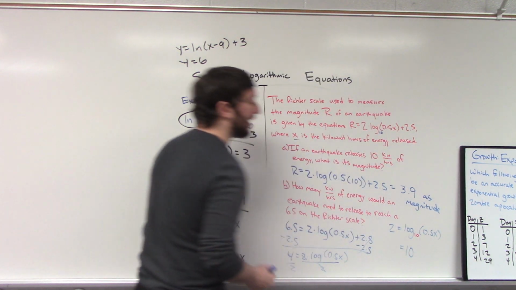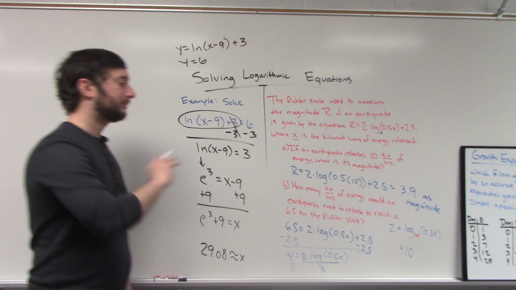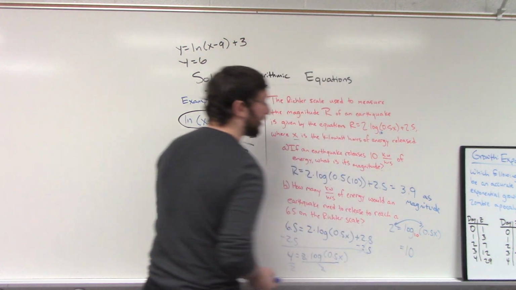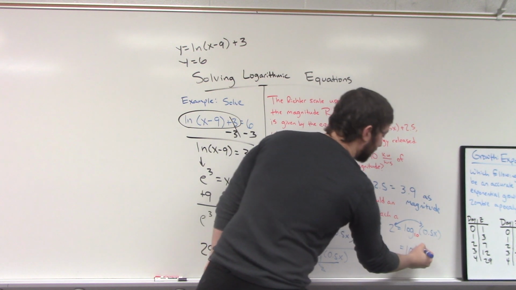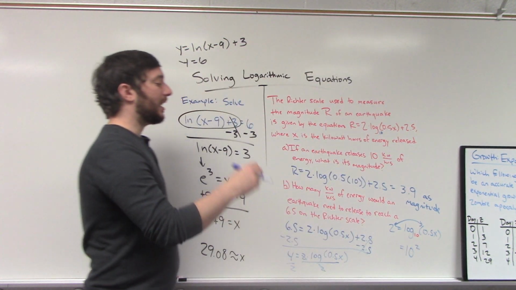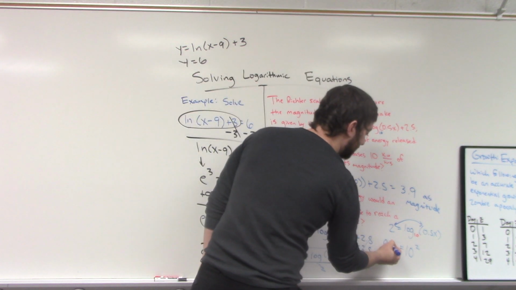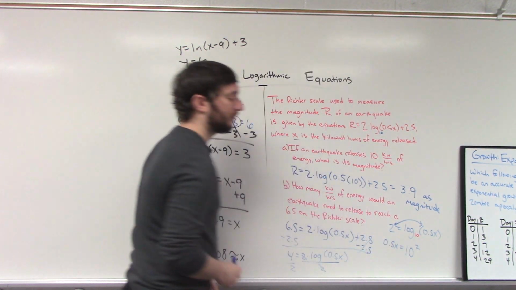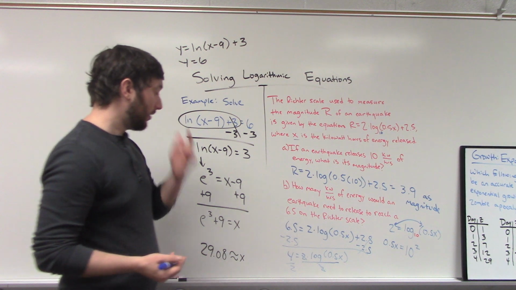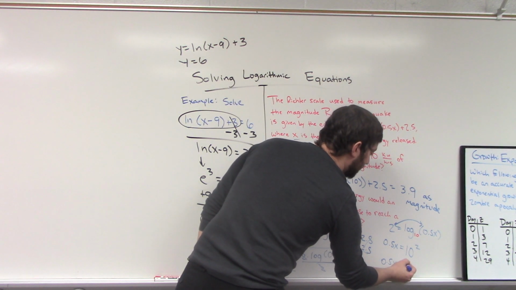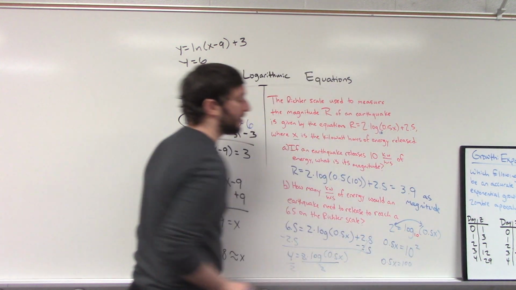Everything else switches sides, and now we have an exponential equation. So 2 started on the left, moved to the right, 10 squared. 0.5x started on the right, will move to the left. Simplify a little bit here, we get 0.5x equals 100. 10 squared is 100.